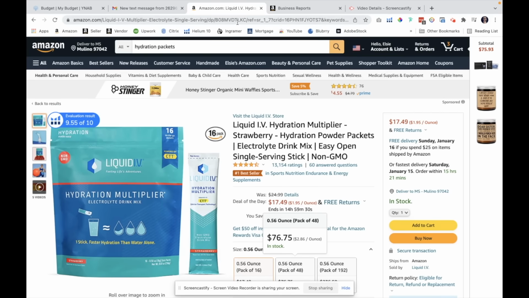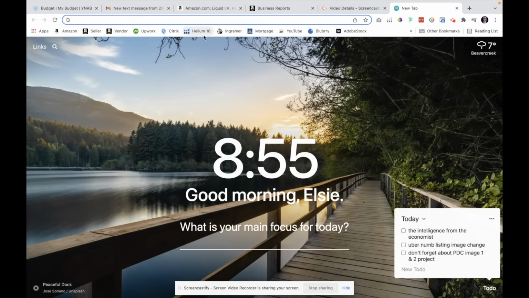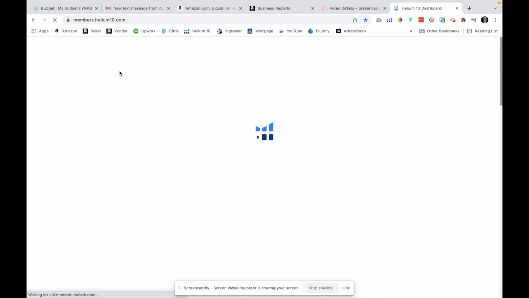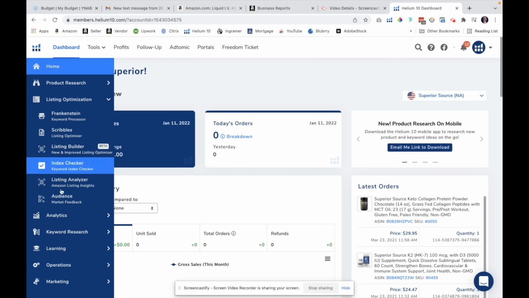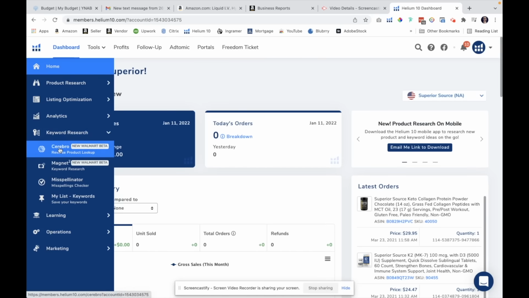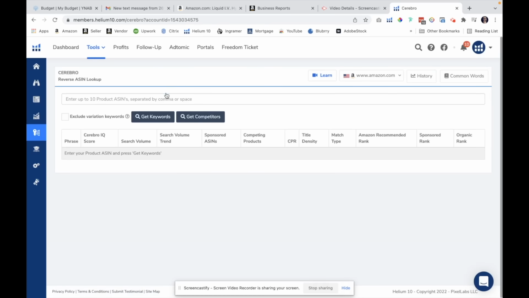So if I look at Liquid IV and I see that the sessions are really low, I'm going to do two things. I'm going to pull up Helium 10 and I'm going to do a reverse ASIN search so that I can see what they are ranking 1, 2, or 3 for, and to some extent 4.